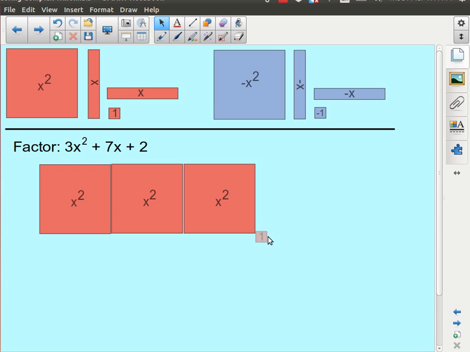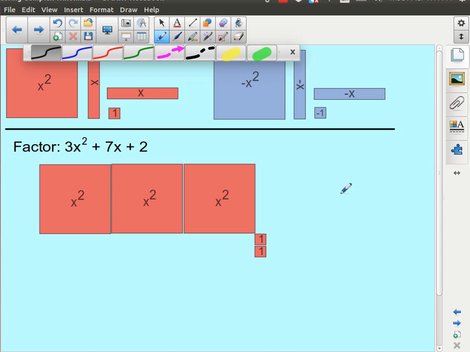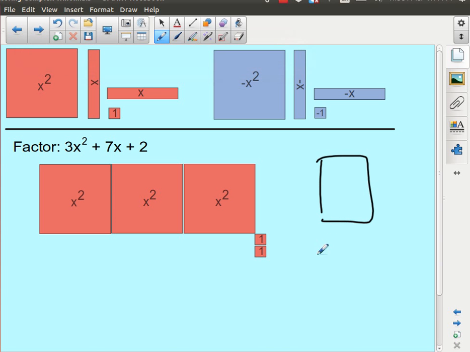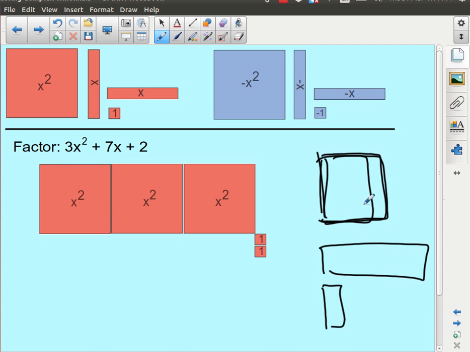And then I've got the same options, horizontal or vertical, for my 2.